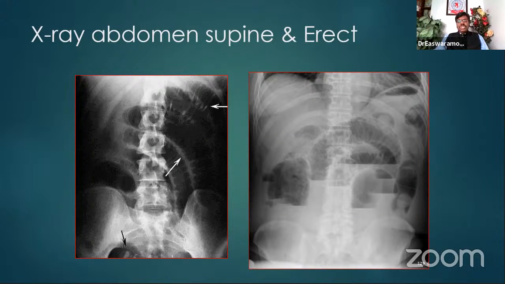She presented with severe central abdominal pain and bilious vomiting. I examined her: she had a distended abdomen, soft, with increased bowel sounds. So we sent her for an X-ray abdomen supine, which is what you see, and an X-ray abdomen erect.